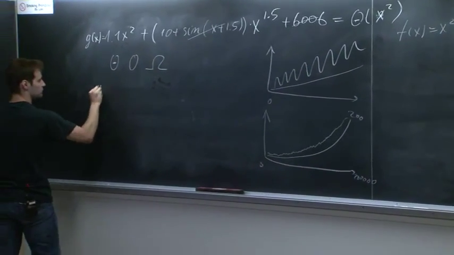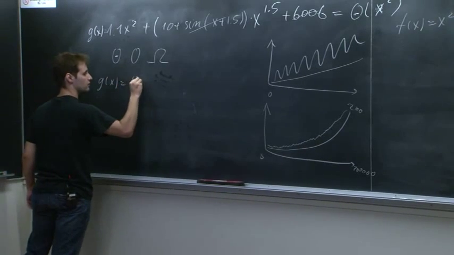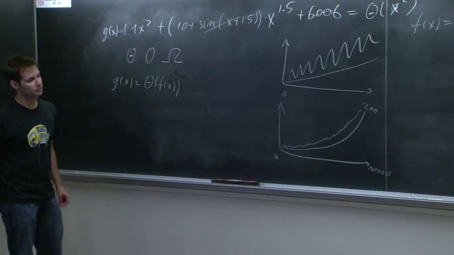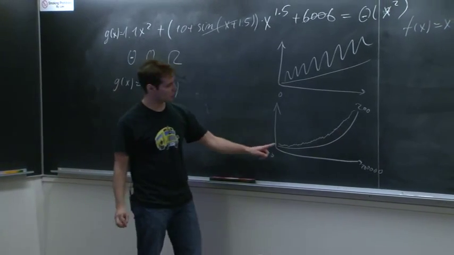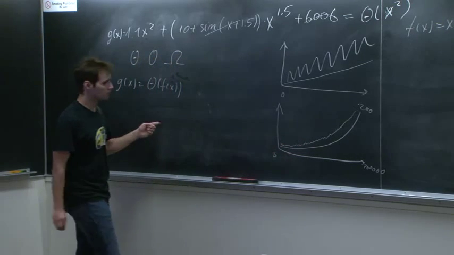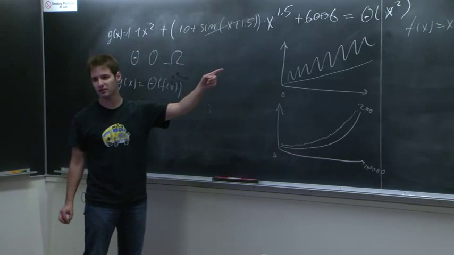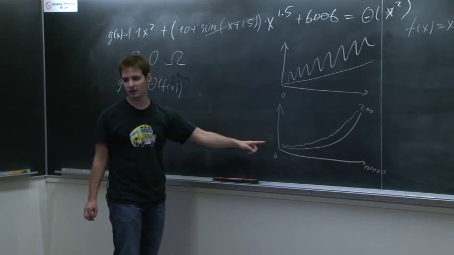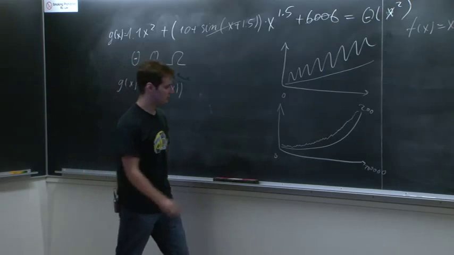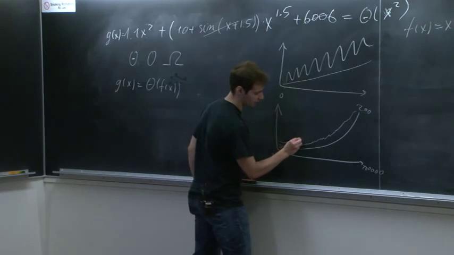If I say that g of x is theta of f of x, that means two things. It means I have a lower bound, like I showed here, and the lower bound looks something like x squared. And it means that I also have an upper bound for it that also looks like x squared. So the upper bound would be something like this.